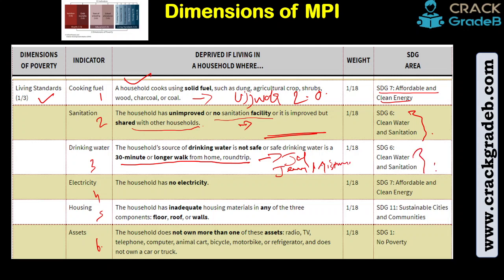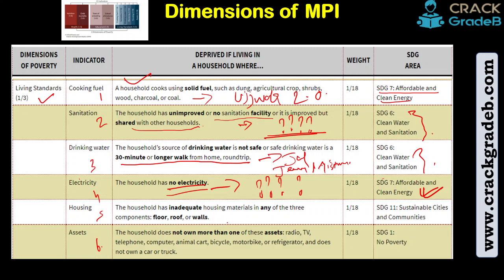Okay, it caters to SDG 6, clean water and sanitation. Then electricity. The household has no electricity. Okay, and for this also there is a scheme. Do mention it in the comment section. Affordable and clean energy, right?